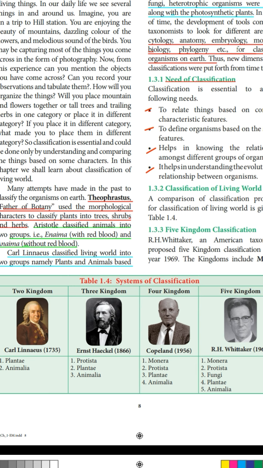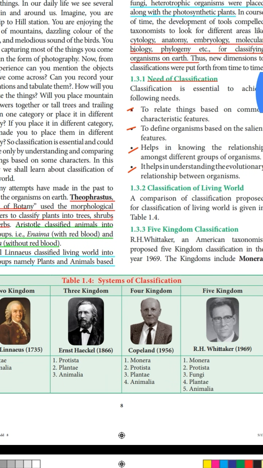Later, the five kingdom classification was given by R.H. Whittaker in the year 1969, and here he gave a separate kingdom position for fungi. The kingdoms were Monera, Protista, fungi, which was separated from Plantae, then Plantae and Animalia.